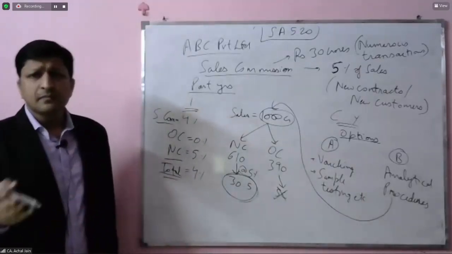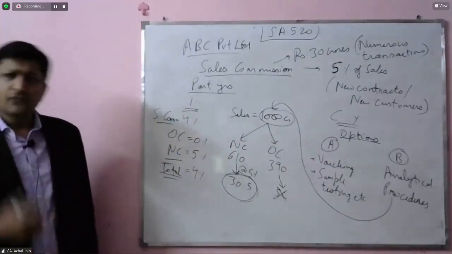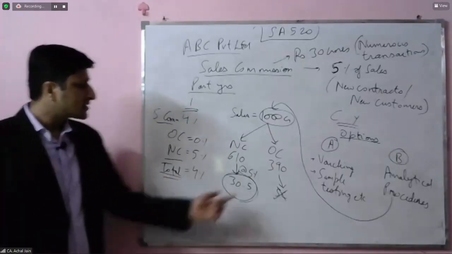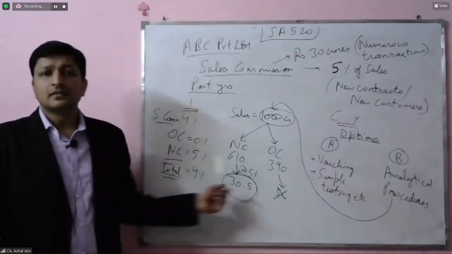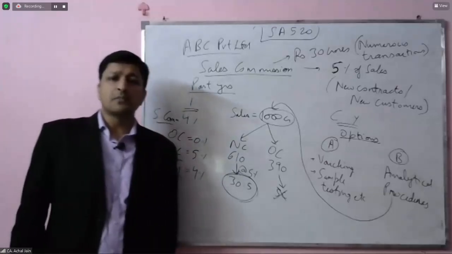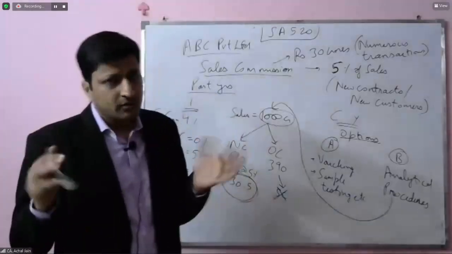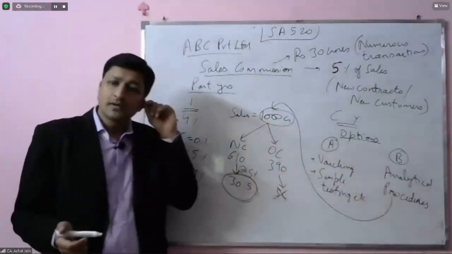Now for this, there may be various reasons. First reason, and very simple one, is that it's an error. That 50 lakh of the commission amount has not been recorded. First option possible.